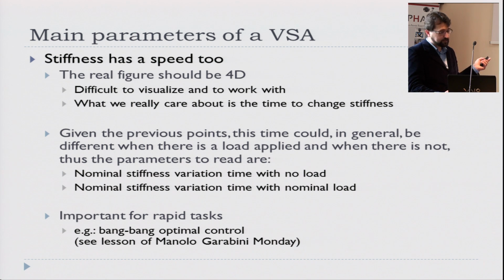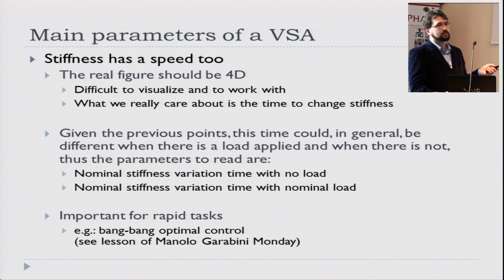Then another important aspect is that stiffness has a speed too. So the real figure would be four-dimensional, but it's difficult to visualize and to work with. What we usually really care about is the time to change the stiffness. In general, this time could be different when there is a load and when there is not.